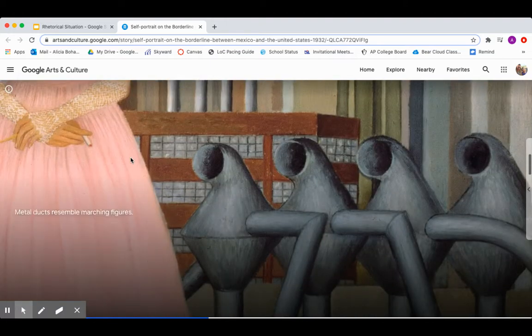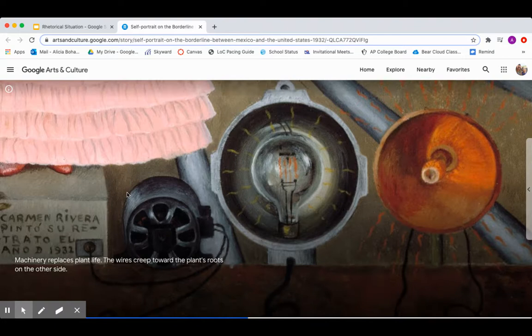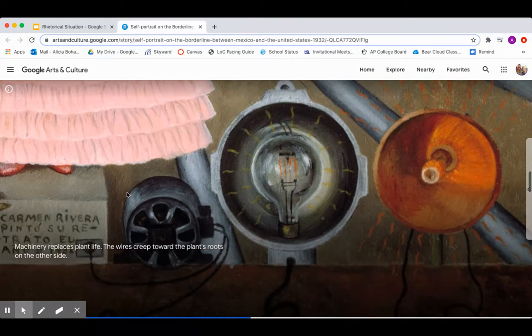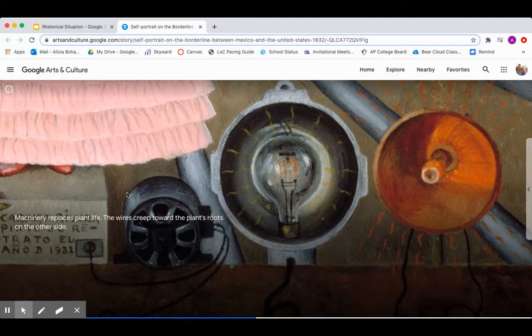So we're going to go through some more of them. I don't know if anybody noticed this. I can't wait to go back and see what you put in that you noticed. But these metal ducks right here actually resemble people that are marching. And then instead of plants down here at the dirt, the machinery replaces the plant life, and the wires are going down into the earth, almost as if they are the machine's roots.